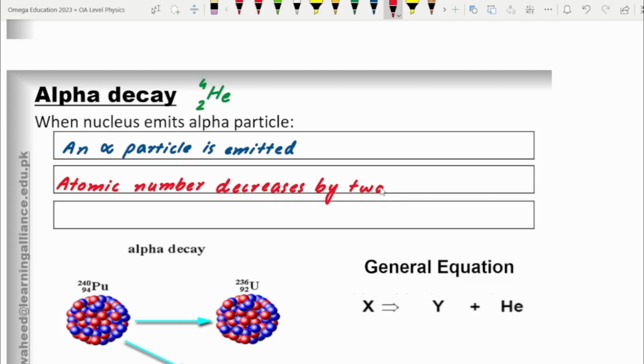So the daughter nuclei will have a deficit of 2 protons.